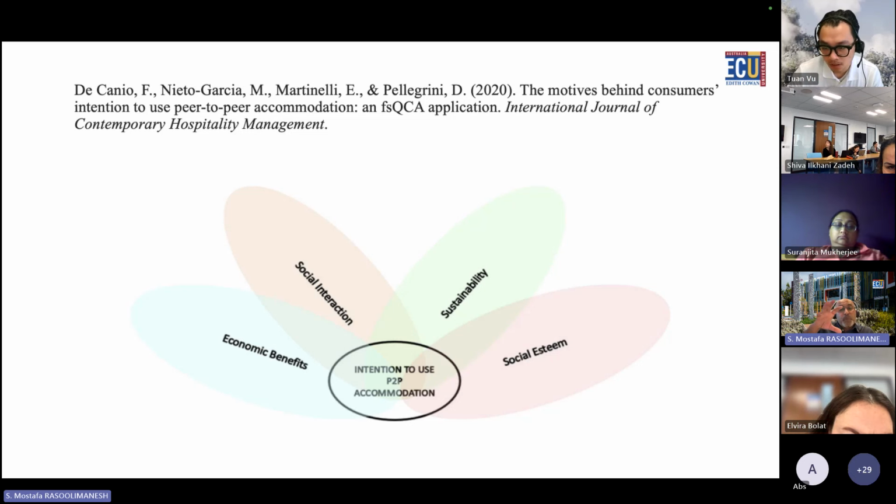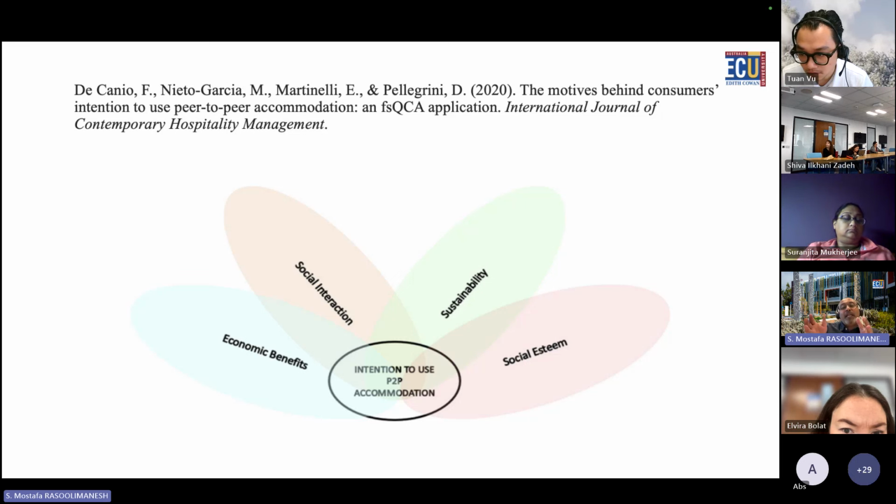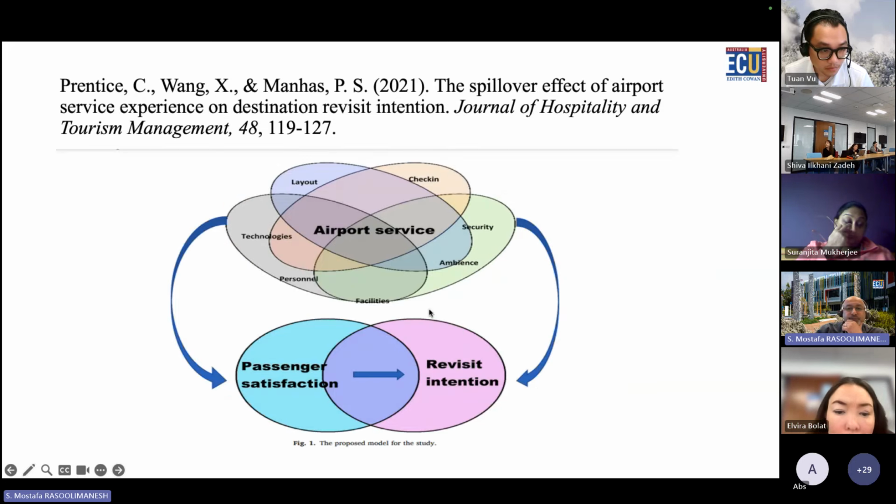For this situation, we need to identify different combinations of factors that can lead to intention to use, and there can be more than one combination of factors. So this study applied fsQCA to identify different combinations that can be sufficient to generate intention to use.